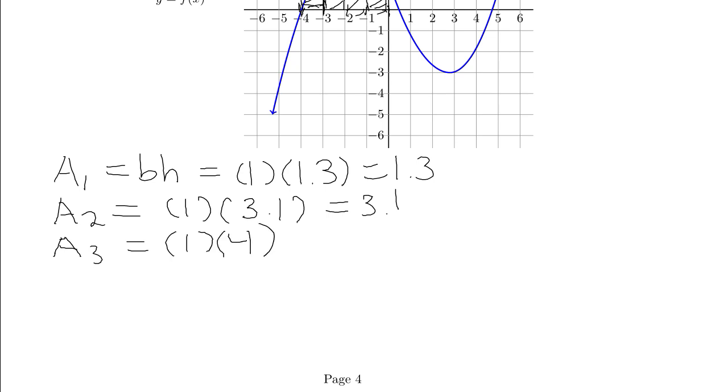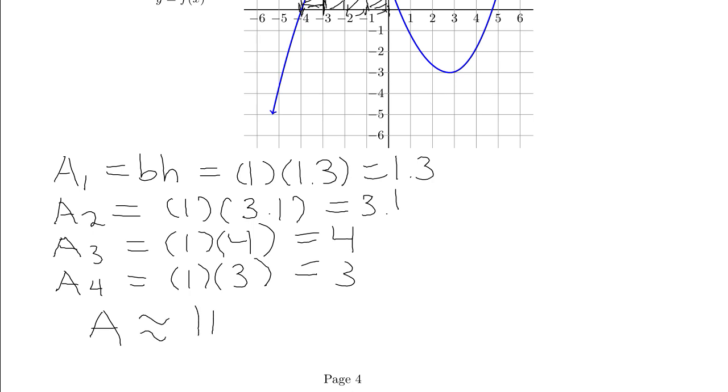In fact, that one is the one that probably was the most accurate. And for the fourth rectangle, I said the height was probably about 3. So adding these 4 numbers up together gives us our new approximated value, and I get that the total is 11.4. So that's the midpoint approximation.